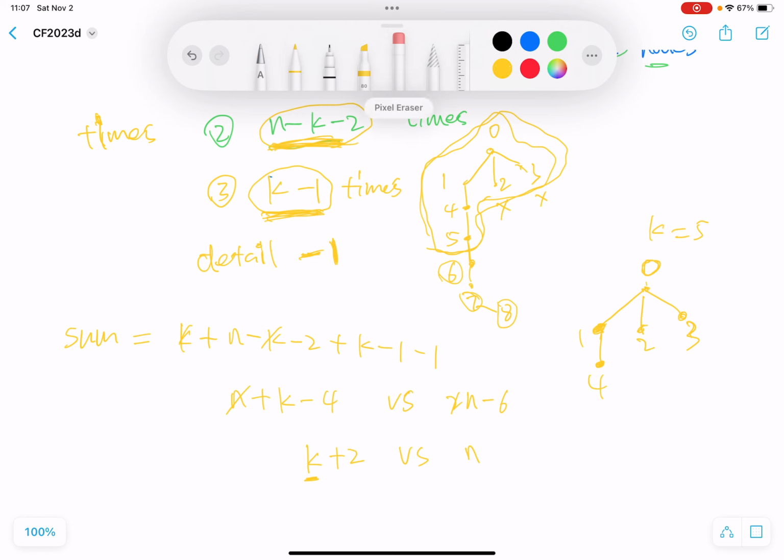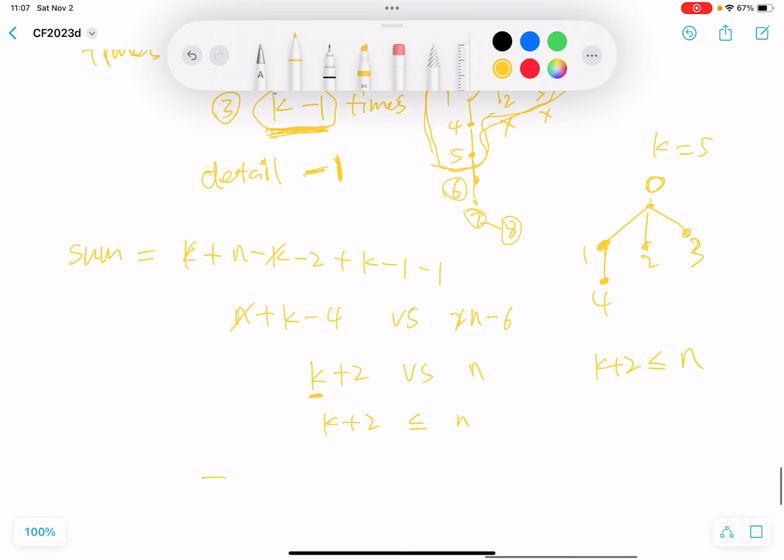So we will know k plus 2 is definitely less than or equal to n. That means we will know the sum we need is less than the requirement.